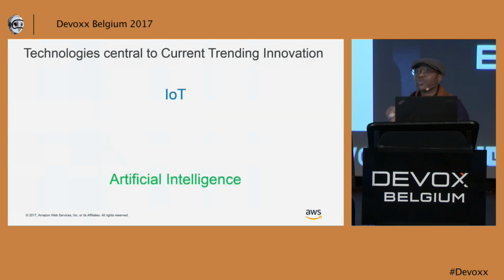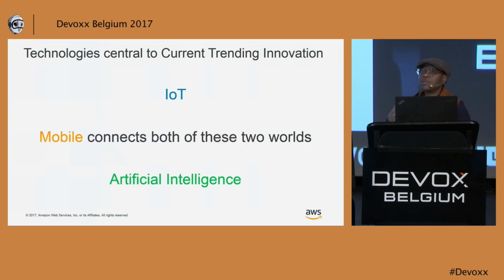Now, the current trends: you've probably heard so much about IoT, but then you hear AI, which I love both of them. But what I don't think most people realize is that when you're thinking about a solution with IoT and artificial intelligence, what connects both of those is typically mobile. You're usually connecting with these great IoT devices or AI solutions via your mobile phone.